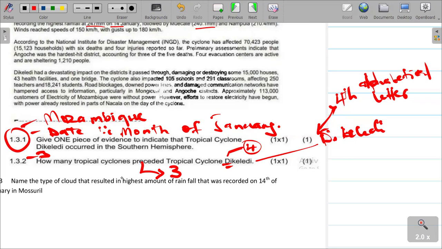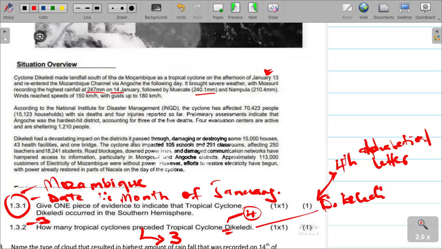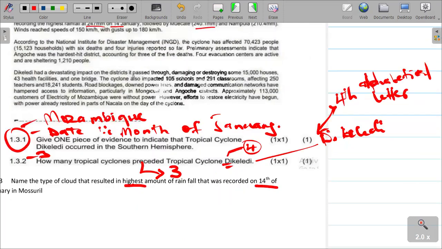Our next question is saying: name the type of cloud that resulted in the highest amount of rainfall that was recorded on 14 January in this place. We are saying the type of cloud that always results in high rainfall. It is supposed to be known from your geography background that the cumulonimbus cloud is the one that always causes high rainfall.